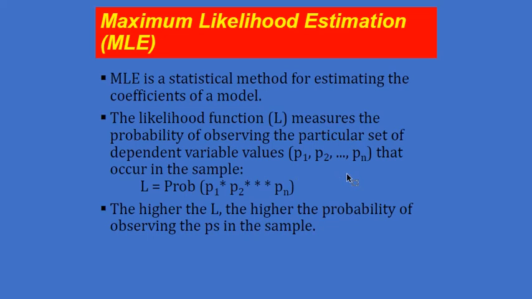And if we represent it with a mathematical equation, we can write L as the probability of all these dependent variable values. If the result of this likelihood function is high, then the higher the value of L, the higher the probability of observing the p's in the sample. And if we have low values of L, then there is a lower probability of observing the p's in the sample.